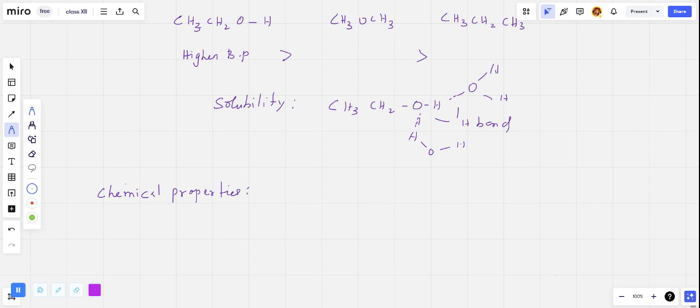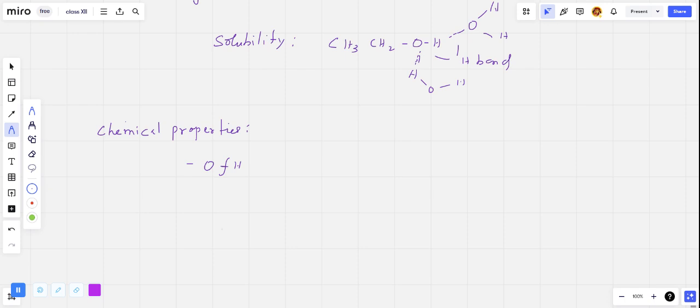As a nucleophile, it is negative; as an electrophile, it is positive. The bond between O and H of the alcohol is broken when it reacts as a nucleophile. We will see both the reactions.